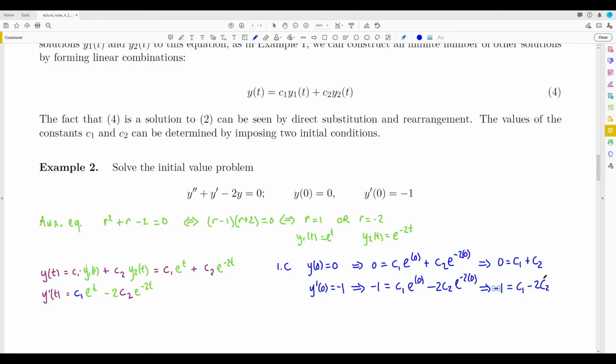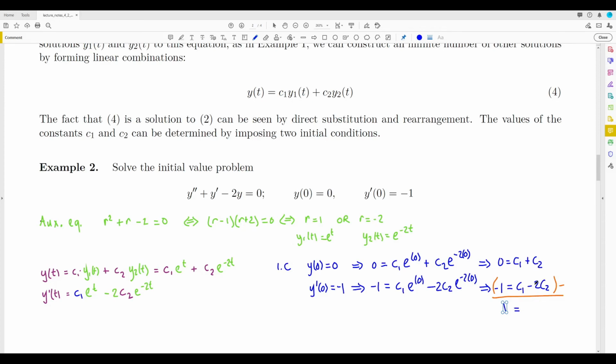And what we can do is subtract the second equation from the first equation. That means 0 minus negative 1, that gives us a 1. c1 minus c1, that cancels.